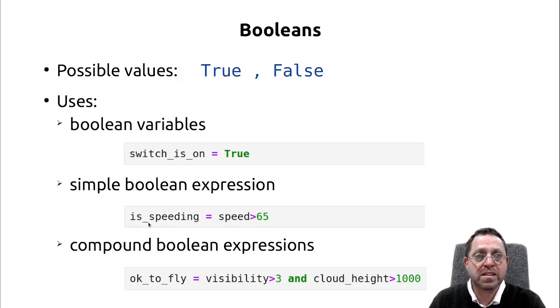And so isSpeeding will be a Boolean data type, and will have the value true if speed is greater than 65 and false otherwise.